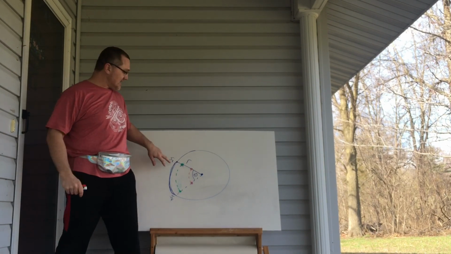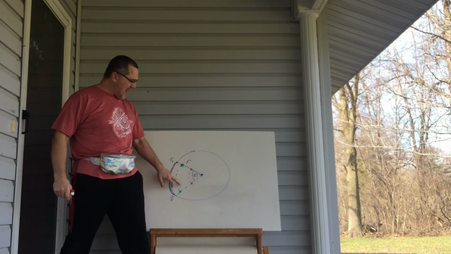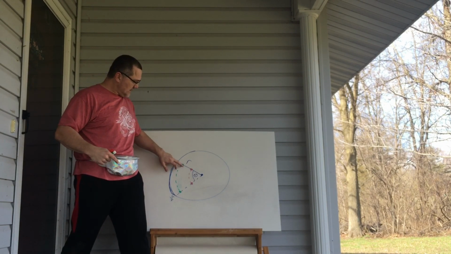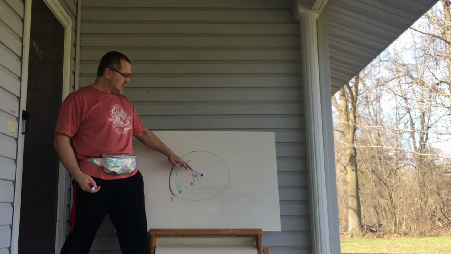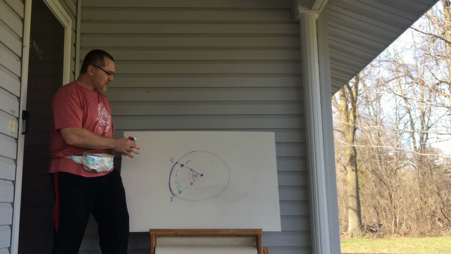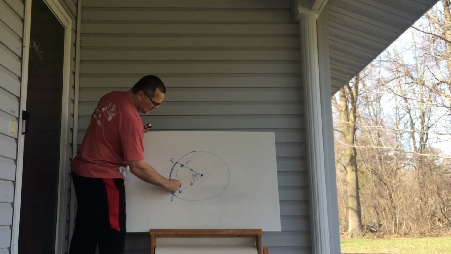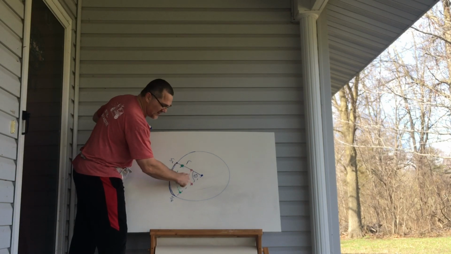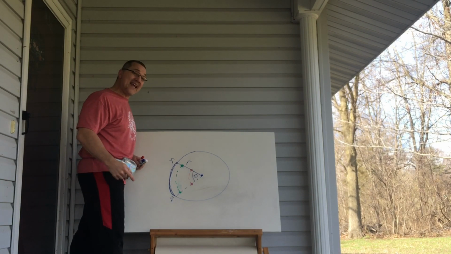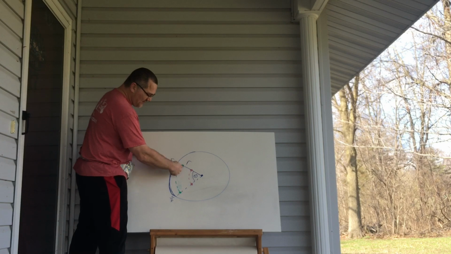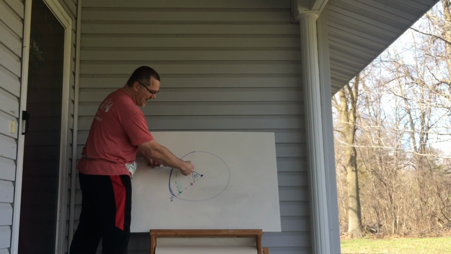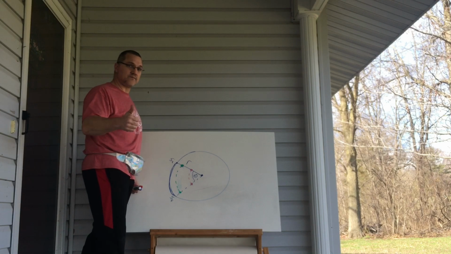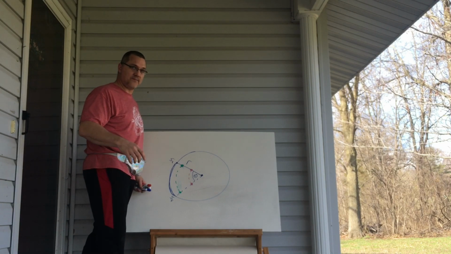You have to realize that if these are traveling the same angle in the same time, the displacement on the outer part of the circle is greater than on the inner part, which means the velocity of this point is going to be faster than the velocity of the other. Okay, we all right with that?